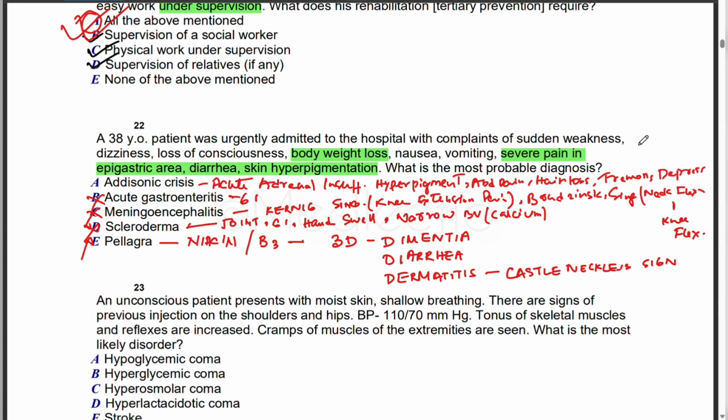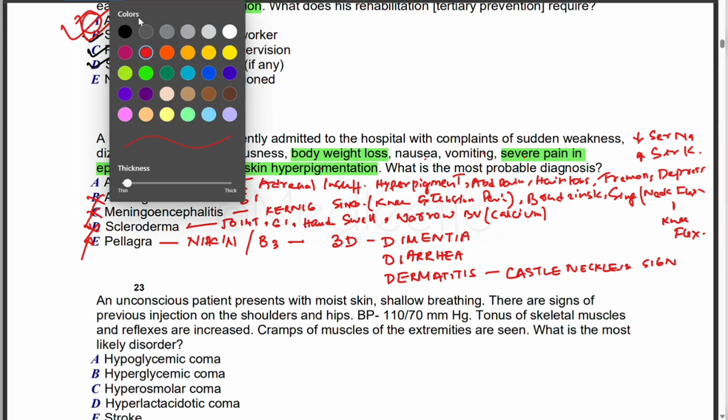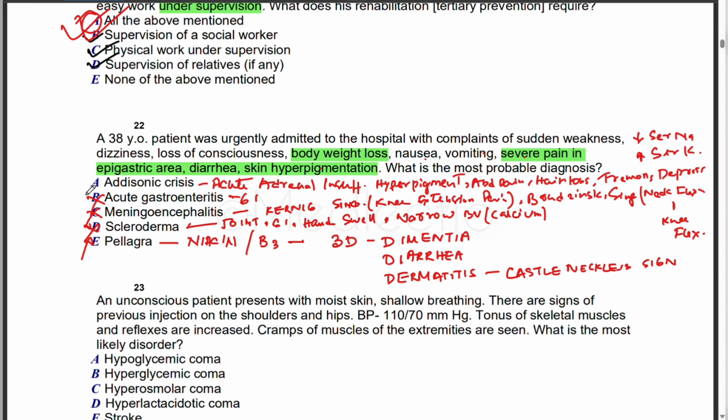We will get a decrease of serum sodium and an increase of serum potassium too. So here we get our hyperpigmentation, nausea, vomiting, abdominal pain. From these symptoms we can suspect that we have Addisonian crisis. Okay, I think that's all. See you in the next video.